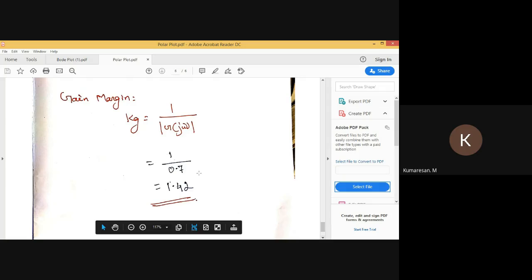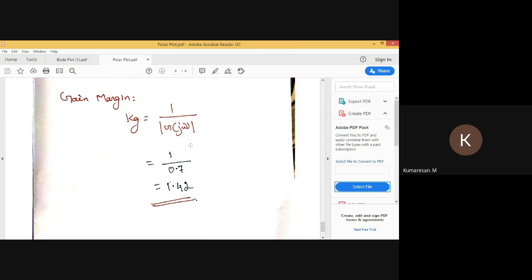So gain margin is 1 divided by 0.7, the value at the minus 180 degree axis. That is equal to 1.42. 1.42 is the gain margin. So this is what you do using the polar plot.